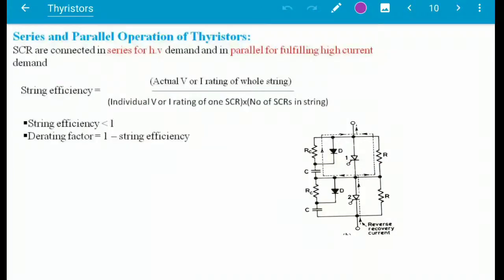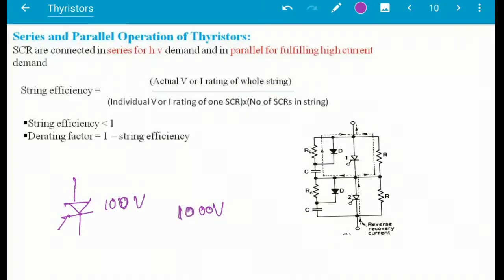Next is series and parallel operation of thyristors. Why do we need series and parallel operation? For series operation, if high voltage is required, suppose one thyristor has a rating of 100 volt and we require 1000 volt.